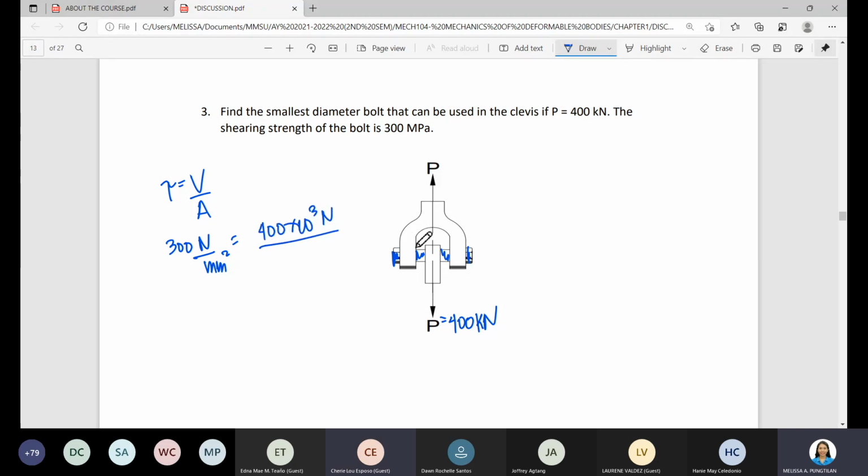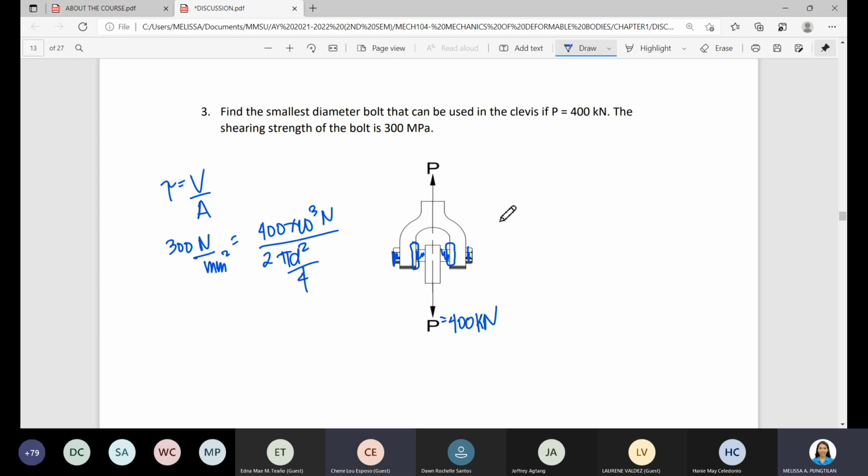And this is a double shear kasi dalawa yung resisting area na nagre-resist sa ating P, which is area at this portion and then area at this part. So we have just twice the area of the bolt, pi d squared all over 4.